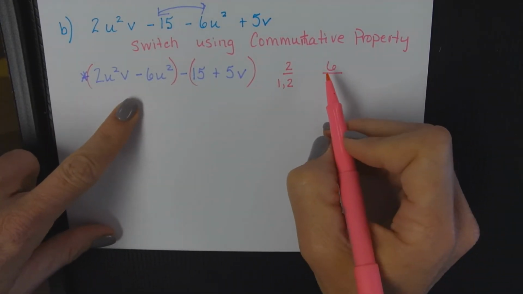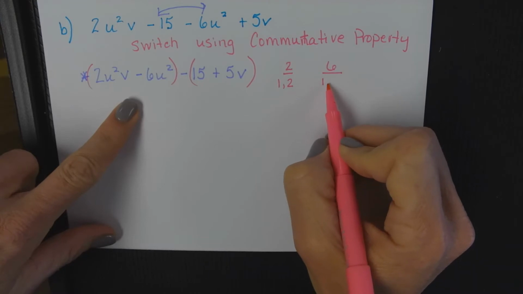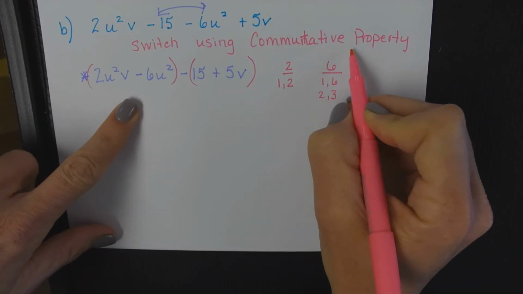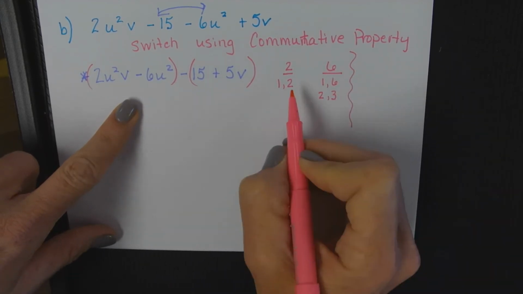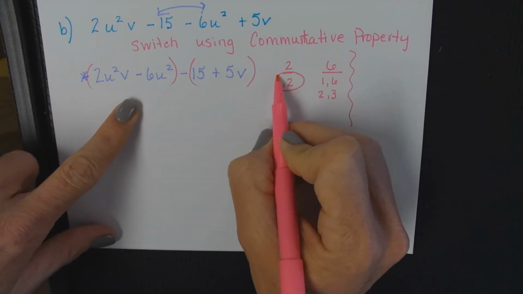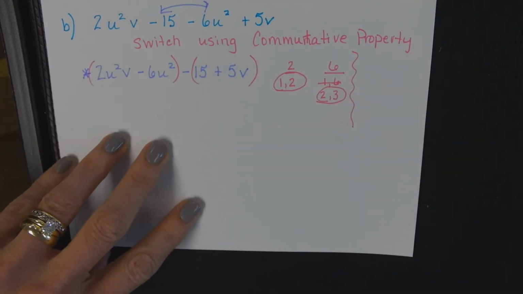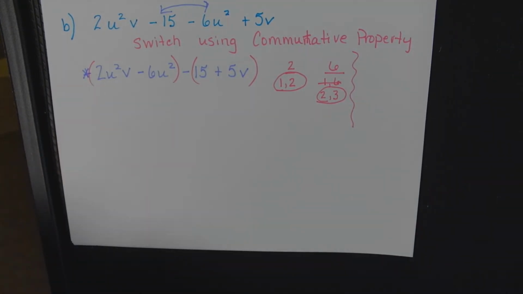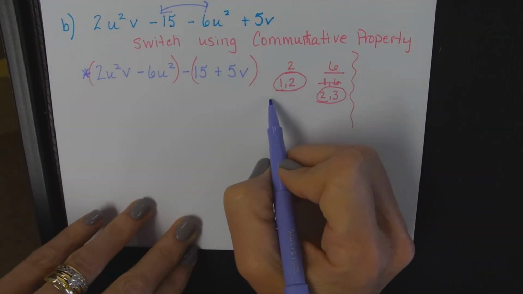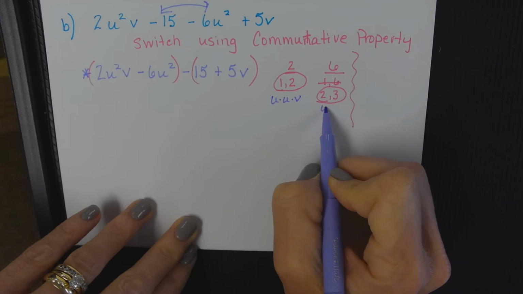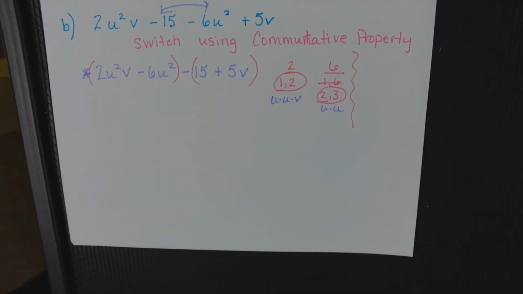Factors of 6 are 1, 6, 2, and 3. Highest number they both share is 2. So I'm going to get rid of that set. All right, the variables u times v, and then u times u.